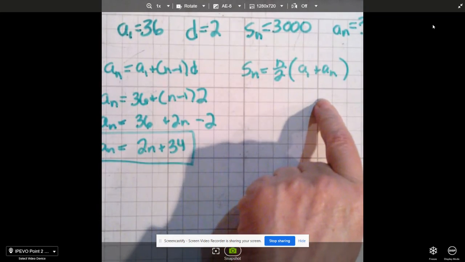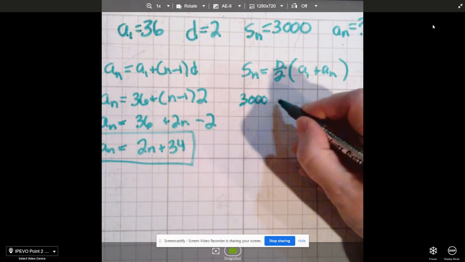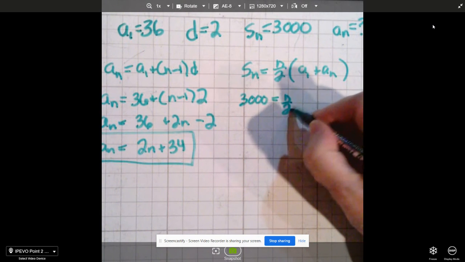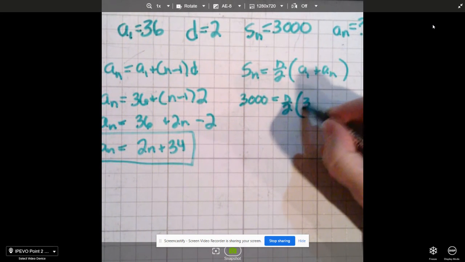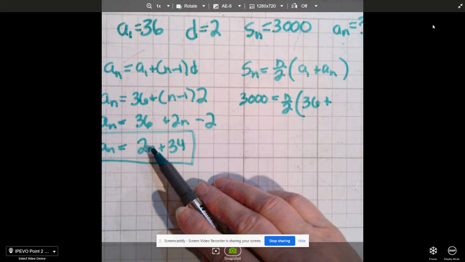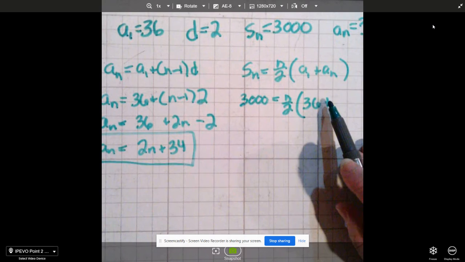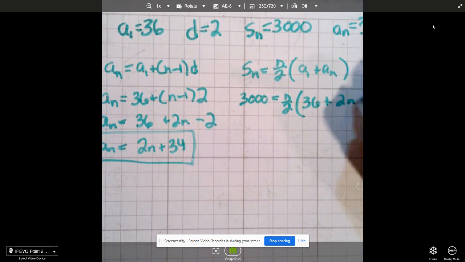Let's go ahead and jump over to this equation and fill in what we know. Well, this is 3,000 equals N over 2 times A1, which is 36, plus, well, I don't know AN, but I have an expression over here for AN. So let's substitute this expression in here. So this will be 2N plus 34.